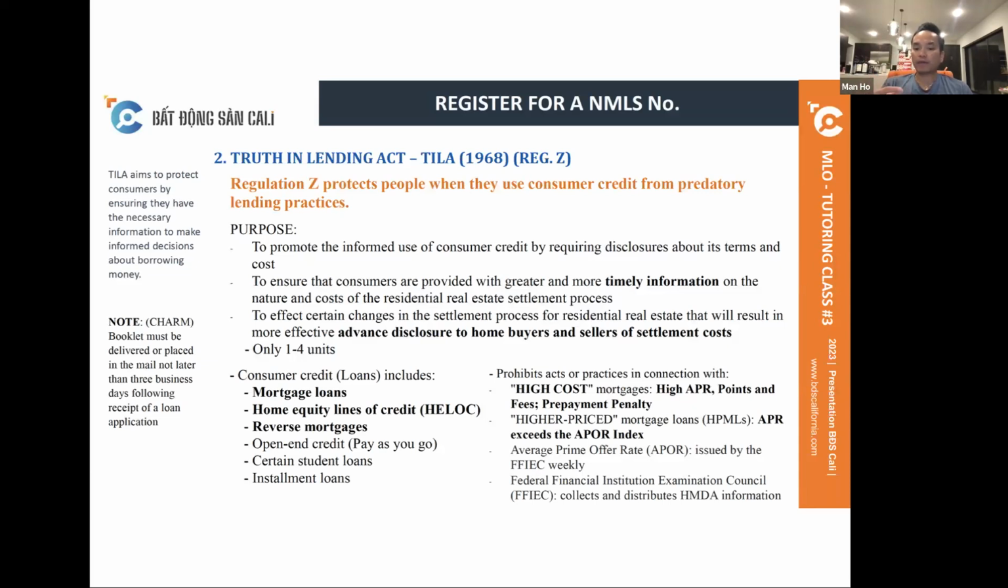Okay, and the Federal Financial Institutions Examination Council, which is the FFIEC, collects and distributes the HMDA information. I forgot what HMDA stands for. Okay, so high mortgage, something. So they collect and distribute information regarding this particular index. Okay, so we have to look up what HMDA stands for.